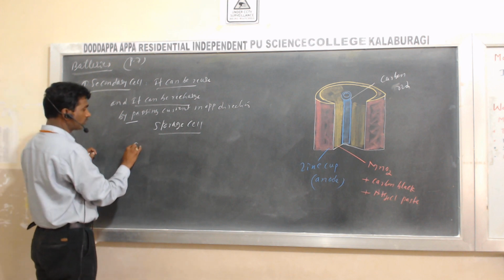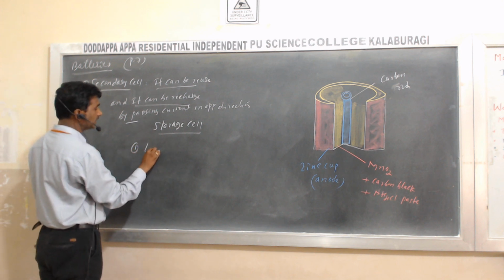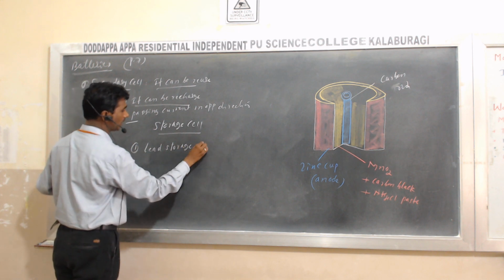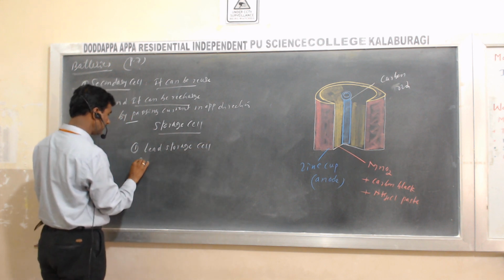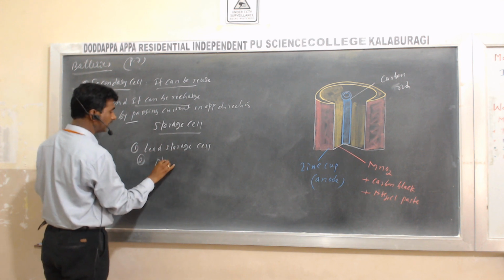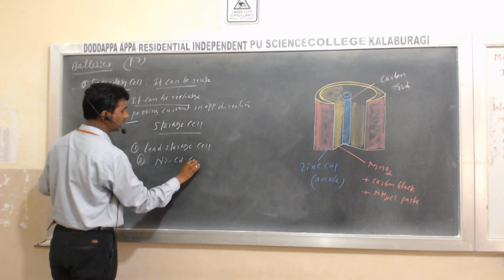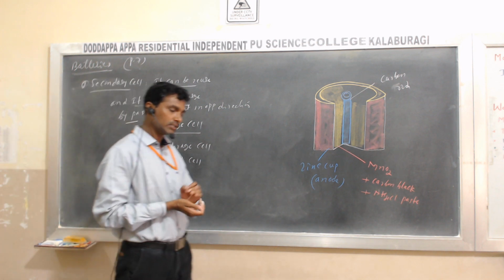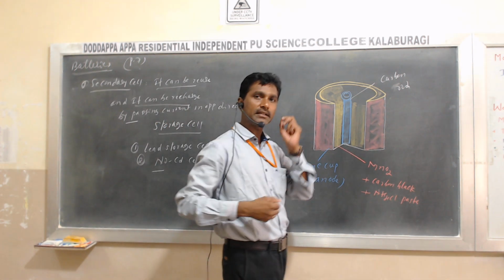Examples of secondary cells are the lead storage battery, or lead storage cell, and the nickel cadmium cell. So there are two types of cells, primary and secondary.